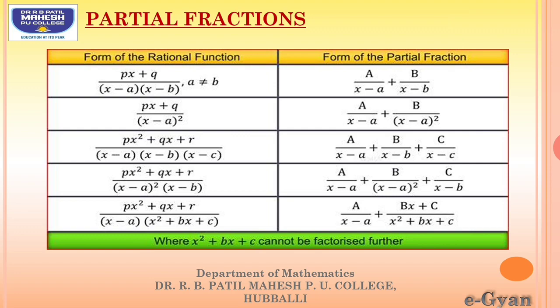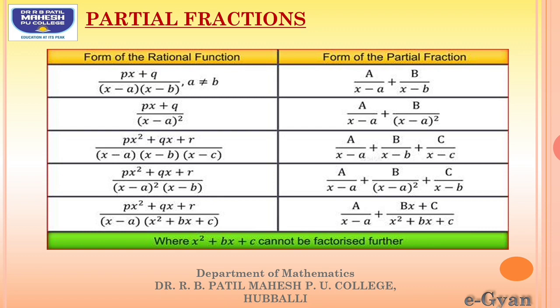The important thing is, when a quadratic factor is there in the denominator, in the numerator there are 2 constant terms. Along with that, we can take the variable also. So that is bx plus c divided by the same quadratic term. So these are the total 5 forms for partial fractions.